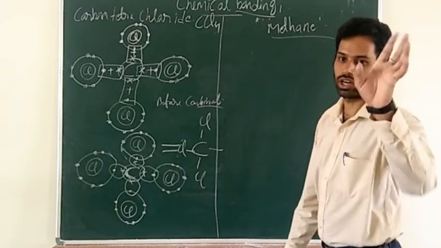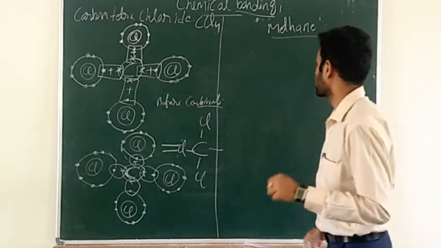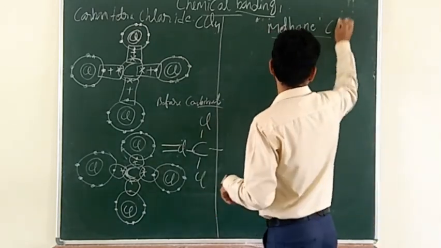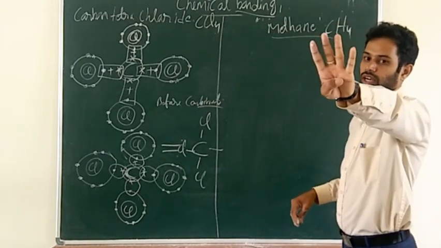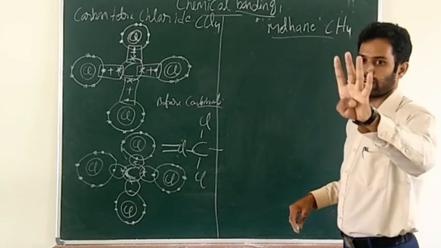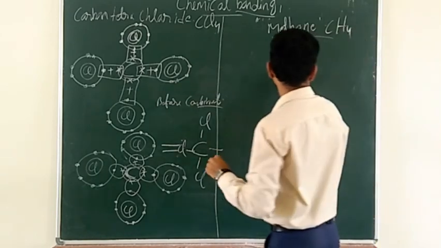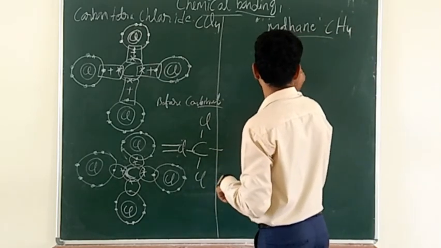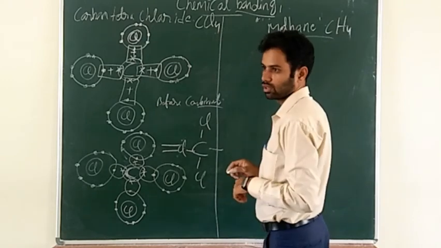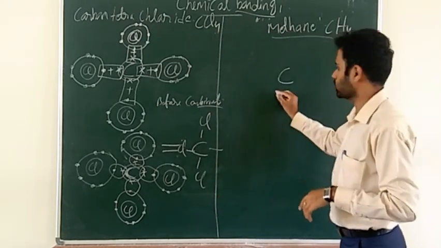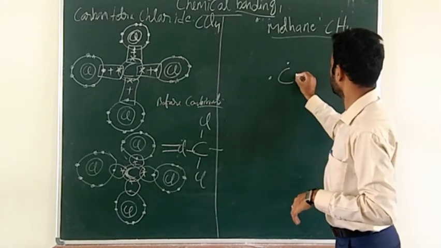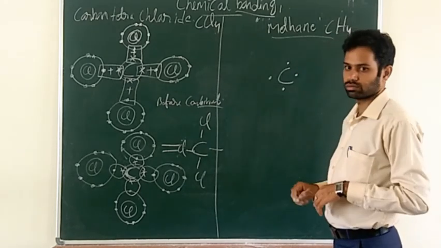Methane. Now write the electron dot structure of methane. Look at that. CH4: 1 carbon atom, 4 hydrogen atoms. You should write C in the middle. It has 4 electrons in the outermost shell. Write 4 electrons, 1, 2, 3, 4.